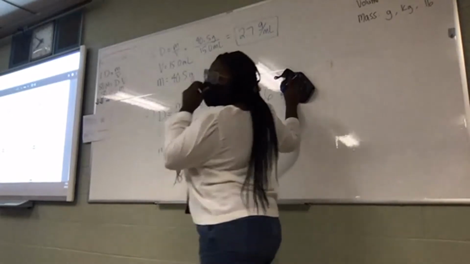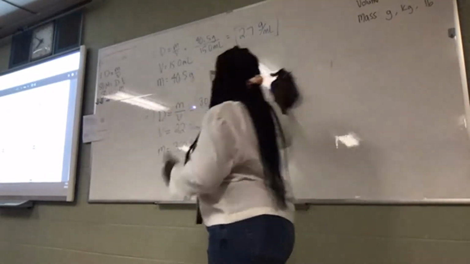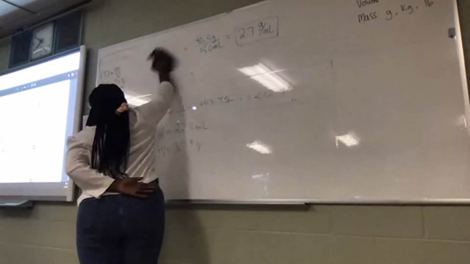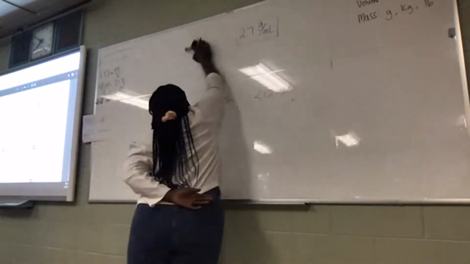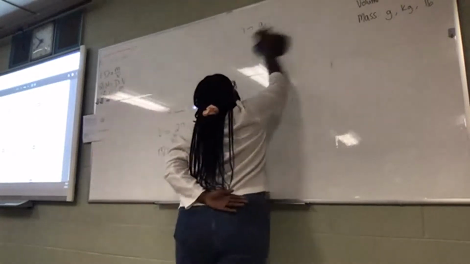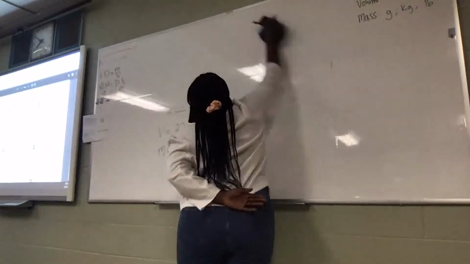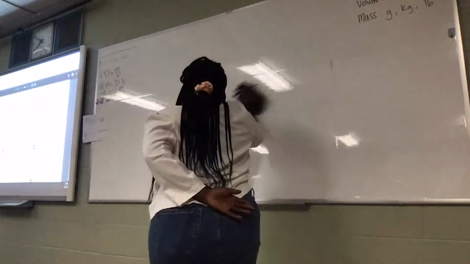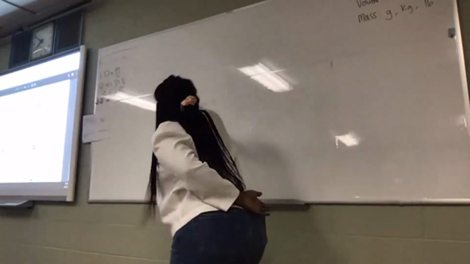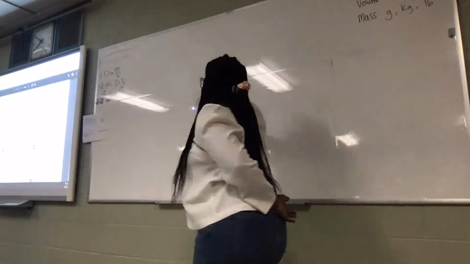Holler if I can't now, because I'm going to. All right, so here we go. It says, what mass? So what am I looking for in this one? Mass. So which of my 3 equations am I going to use? The first one, the second one, or the third one? The second. Why? Because it's solving for mass, and that's what I need.